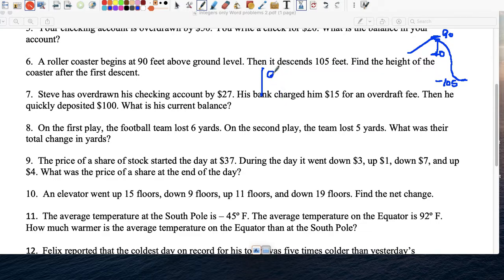So let's do negative 105 minus 90, because the height of this roller coaster is the difference between the distance, right? So negative 105 minus 90 is negative 195. The absolute value of negative 195 is 195. So this height right here, from the bottom of the roller coaster to the top of the roller coaster, is 195 feet.